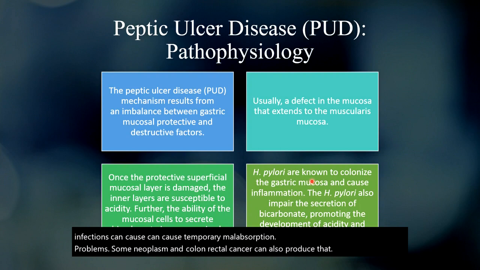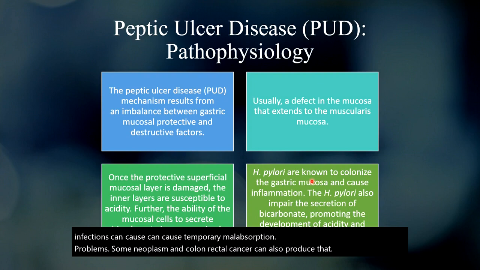So peptic ulcer will result usually through an imbalance between gastric mucosal protective factors, or mucosal glands, Brunner glands in the case of duodenum, and destructive factors. When we talk about what an ulcer is, the ulcer can extend up to the muscularis of the mucosa.